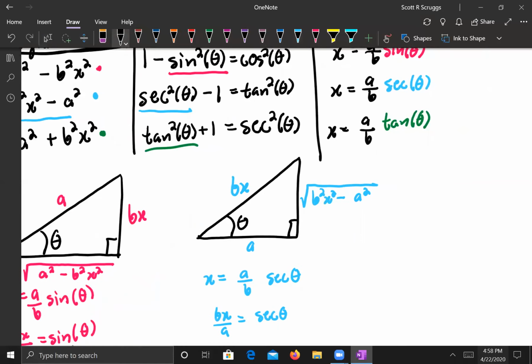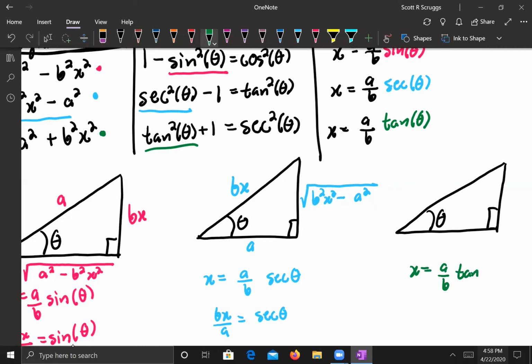And now let's finish this up with the triangle that we need to go back in terms of x if I used tangent. So x equals a over b times tangent of theta. So bx over a equals tangent of theta, which is opposite over adjacent.